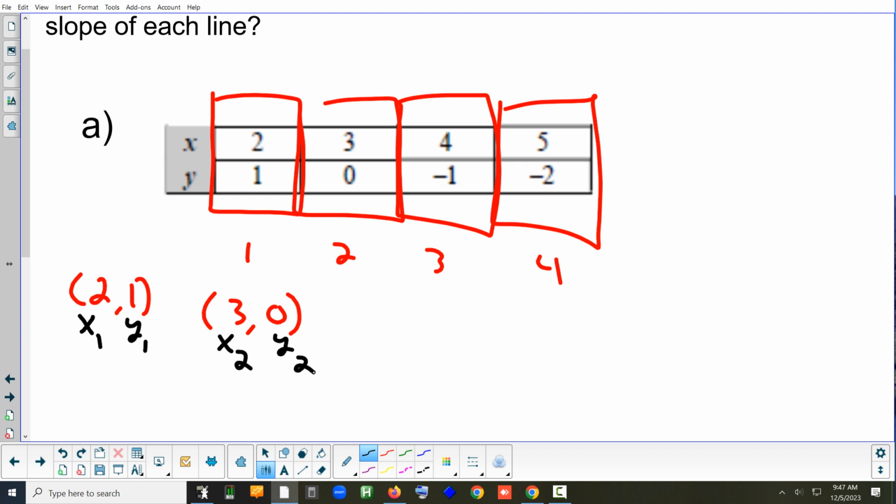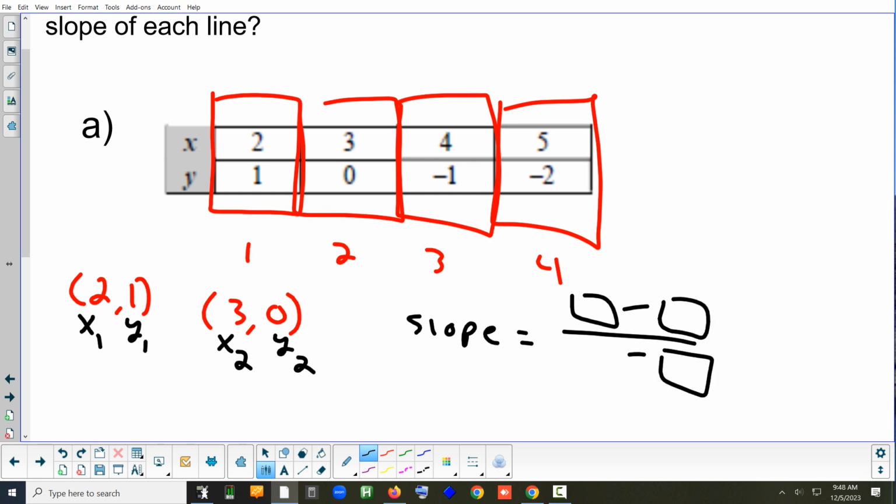Okay, now let's write down the formula. What goes in the top part of the formula? It's not rise, because we don't have a picture. You're gonna have 4 things right here. And I don't want to fill the numbers in yet.